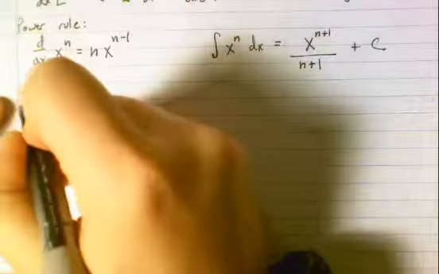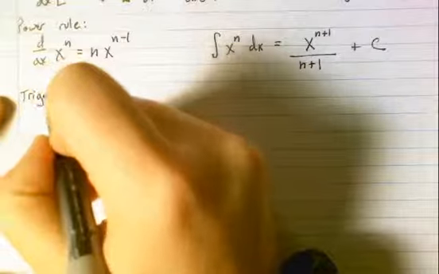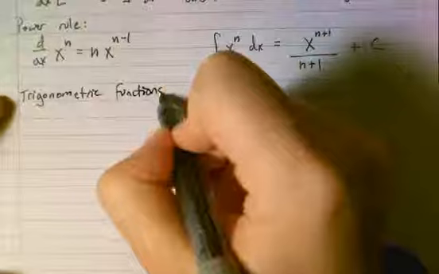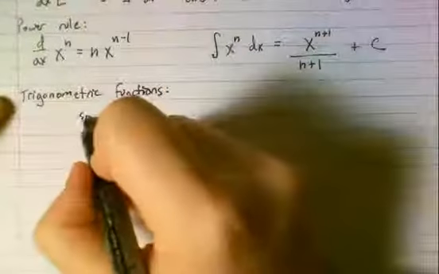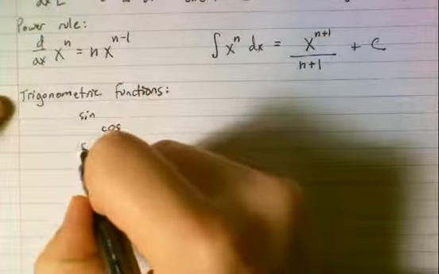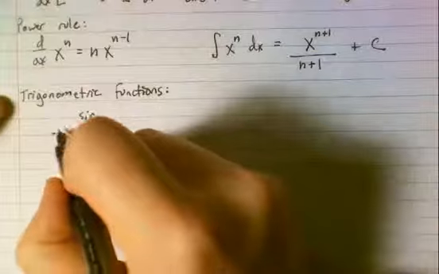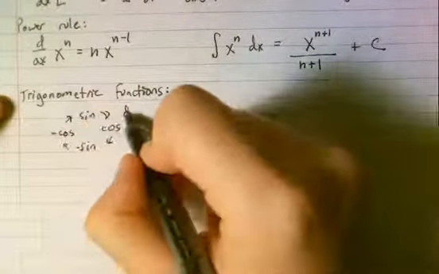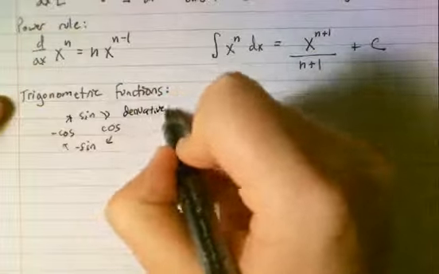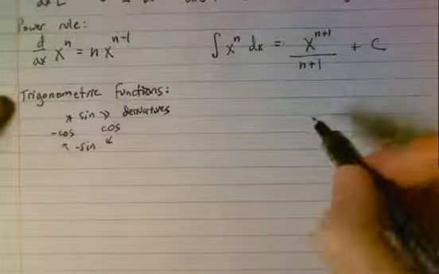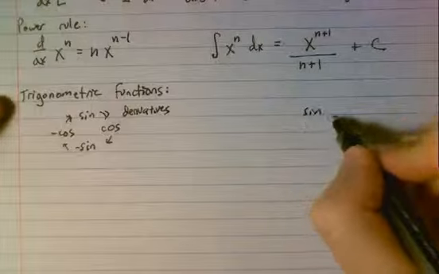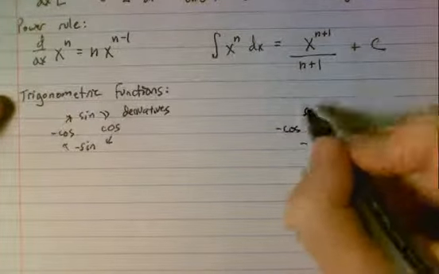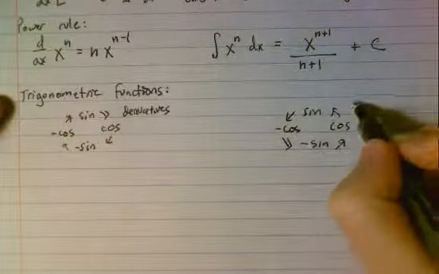But then there's a whole batch of trigonometric functions. So the basic idea, if you remember our circle, this was our derivatives. We were going this direction. The antiderivatives just go the other way. Instead of circling clockwise, they circle counterclockwise.